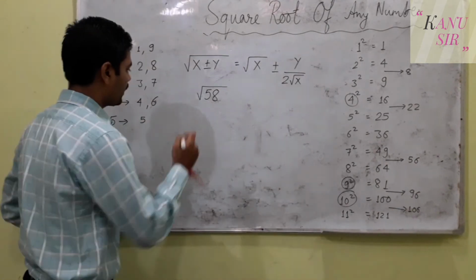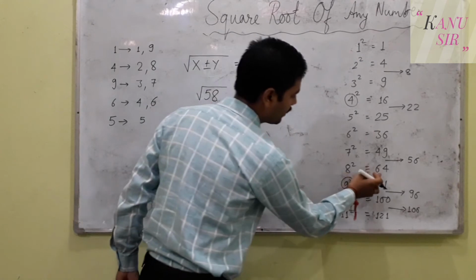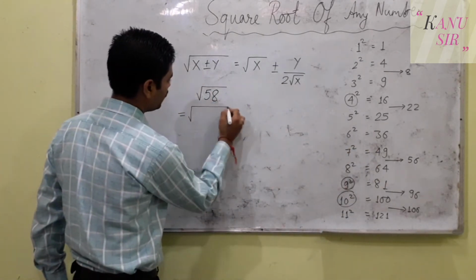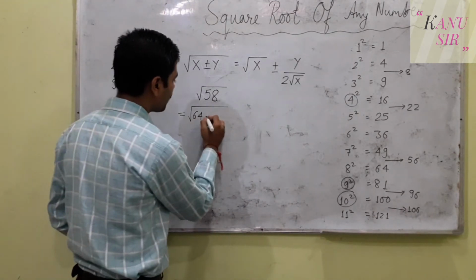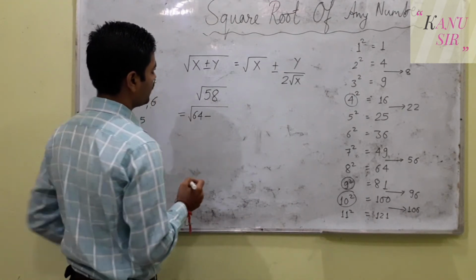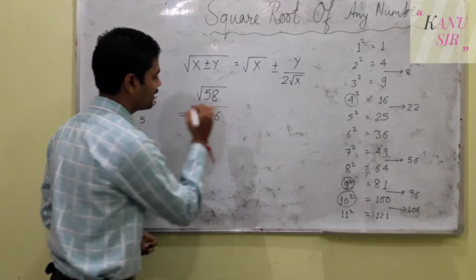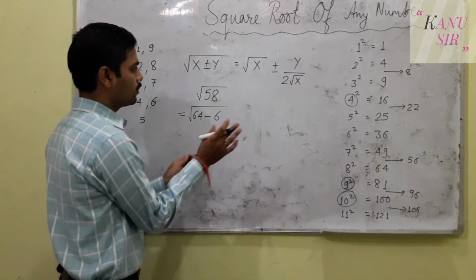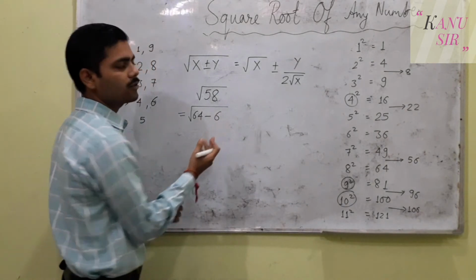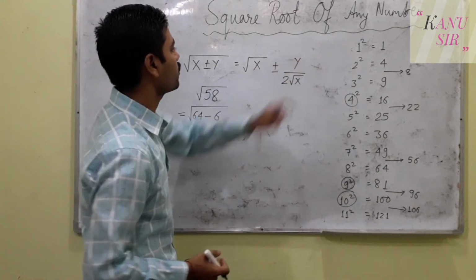What if we take the bigger number, that is 64? 64 is also a perfect square number. Then we subtract 64 from 58 and here you will get 6. Now 6 is not a perfect square number, so there is no need to check, because there is no square root for y.